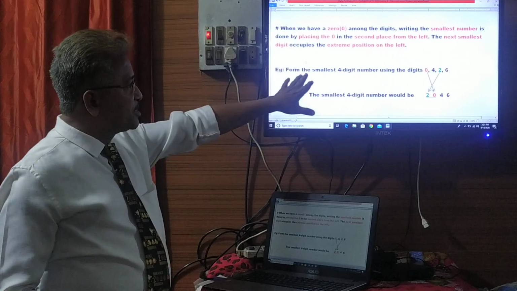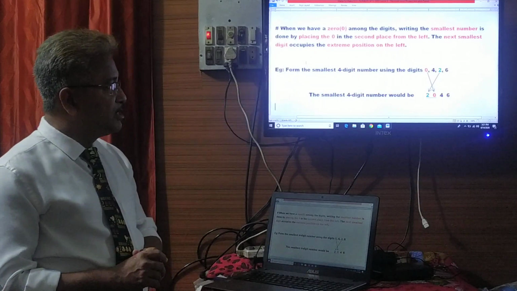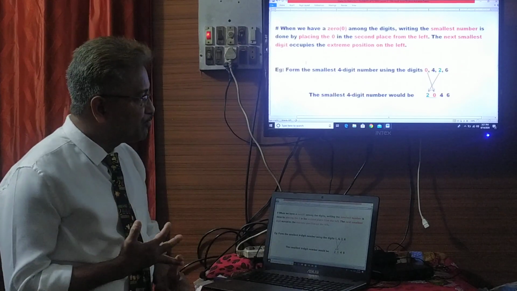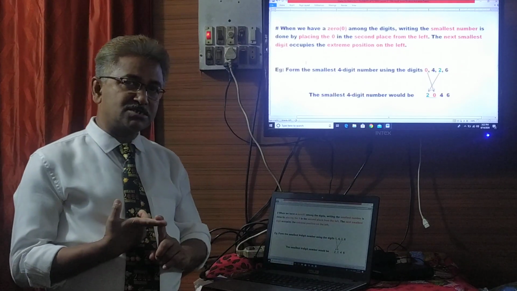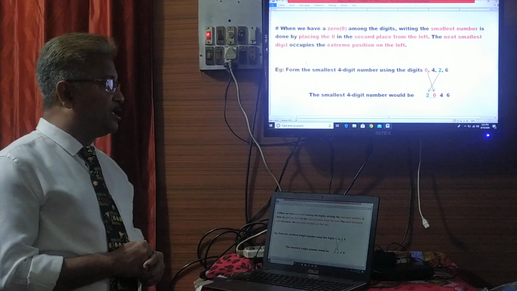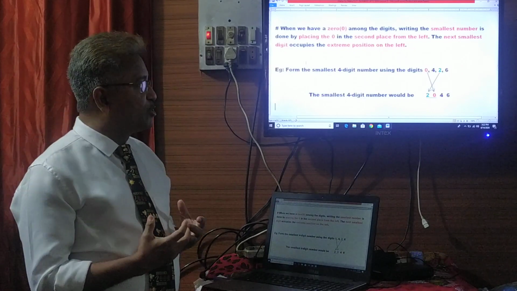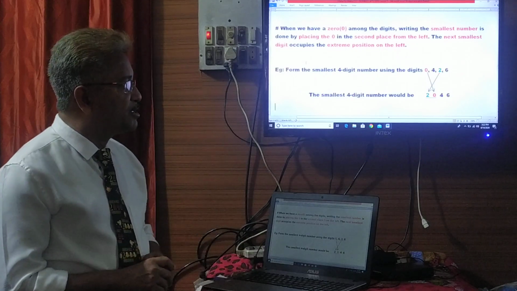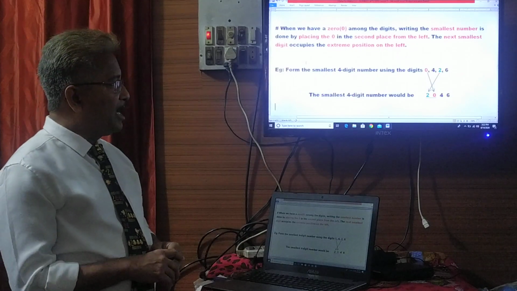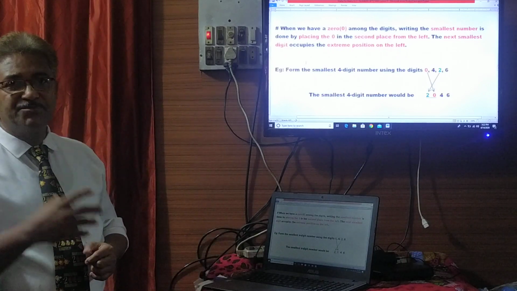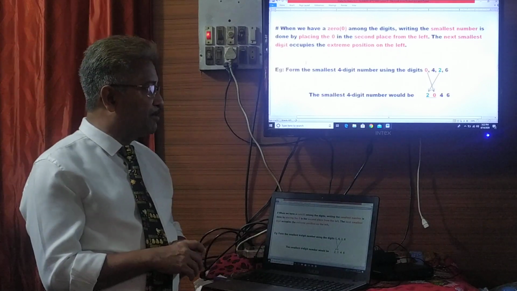We are going to form the smallest 4-digit number by using the digits 0, 4, 2 and 6. According to the rule that we learnt, we said that we put the smallest number in front and the largest number at the back, and we have the smallest 4-digit number.